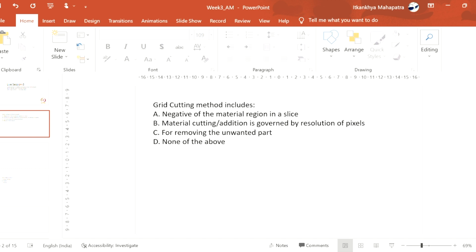So, grid cutting method. There are two area filling methods.